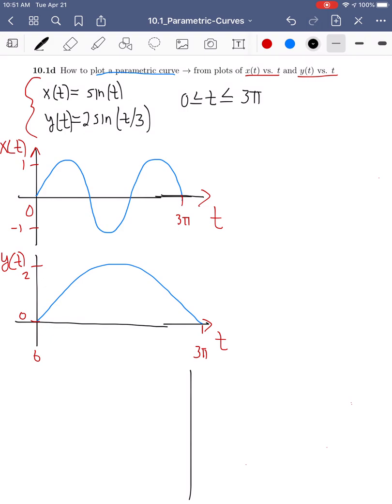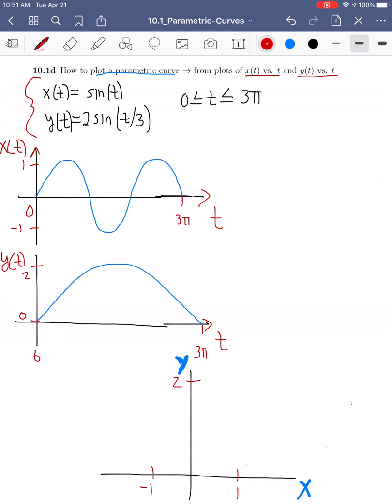So when we draw our coordinate plane, we can restrict how big it has to be. We know that y is always going to be between 0 and 2, and our x values are always going to be between -1 and 1. And again, since this is a parametric curve, parametric curves live on the xy plane.